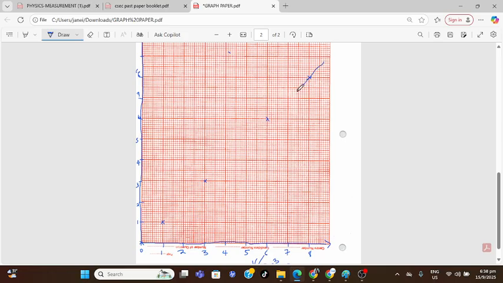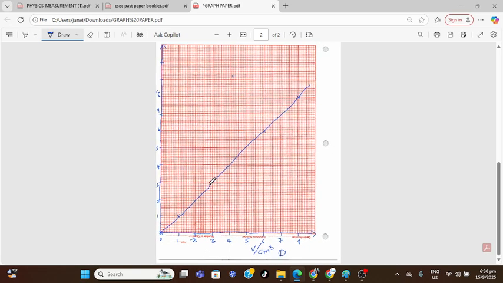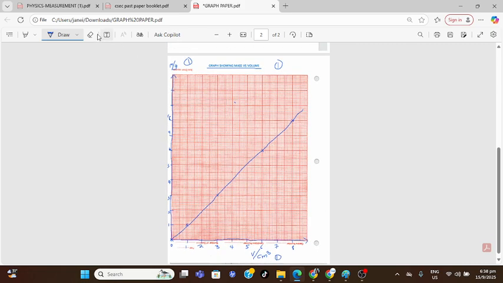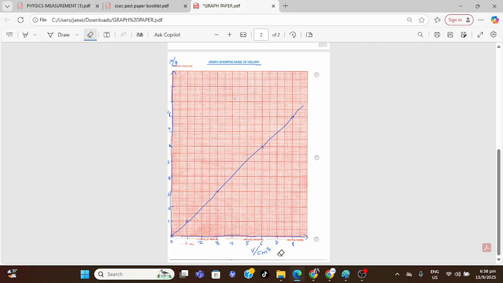So draw a straight line. This is a 12-inch clear ruler, and this line should go through all the points. This is a rough sketch. Sorry for the roughness of my graph. And that's how your graph should look. And if your graph is neat, you could have gotten 10 marks.